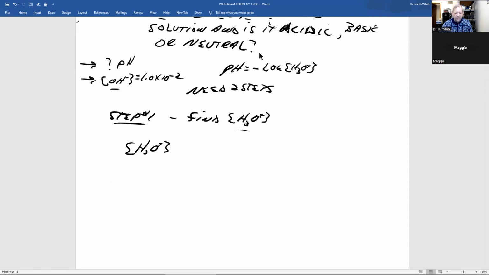Hydronium ion concentration times hydroxide concentration equals 1.0 times 10 to the minus 14. That's the ionization constant of water. That's important information, test number 4. So we have to solve for hydronium ion concentration. To get it alone on one side, we have to get rid of the hydroxide.